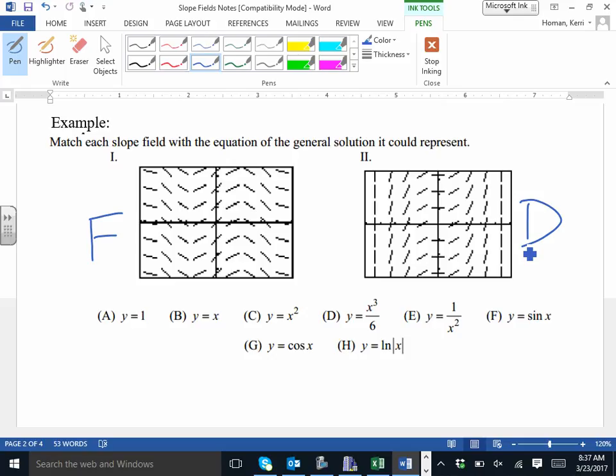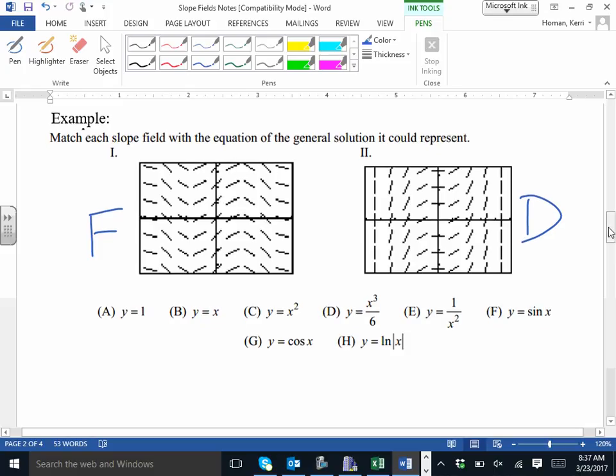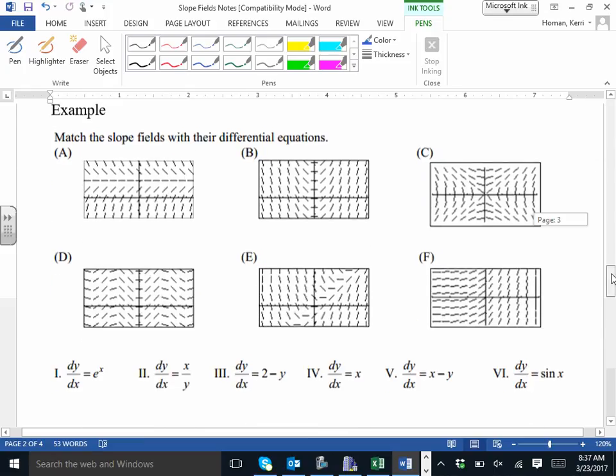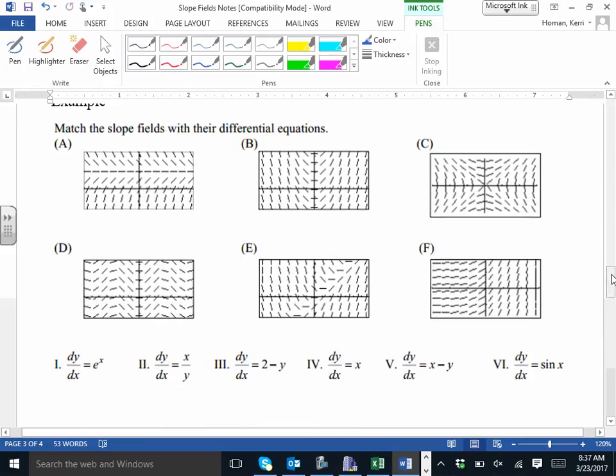All right, so now, this is probably the easiest way to identify a slope field. If we have the general solution, the slope field should have a rough picture of what that graph is, right? Now, if you turn to the next page, here I have slope fields and I have their derivatives, okay?